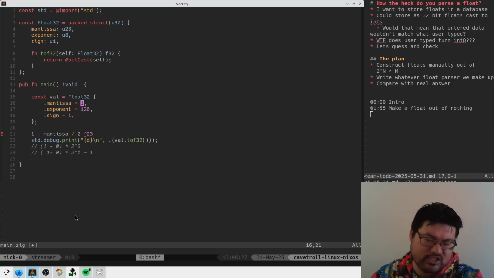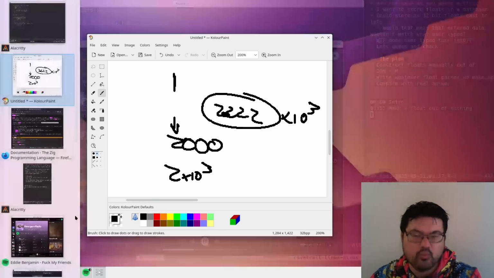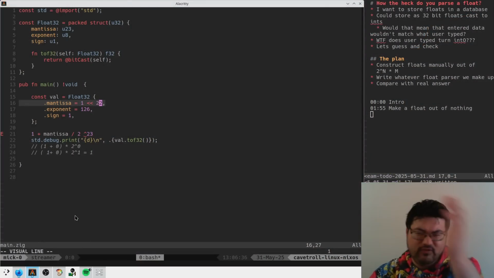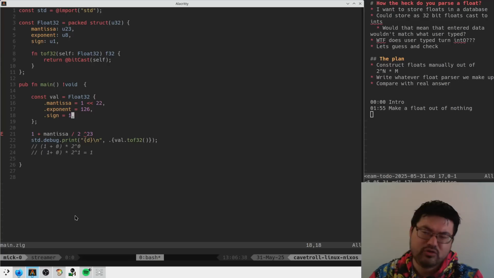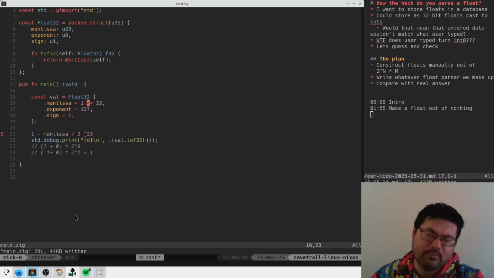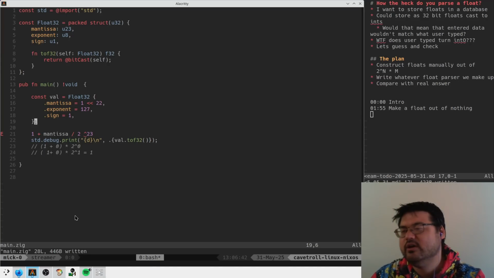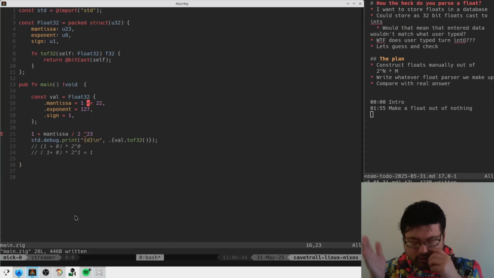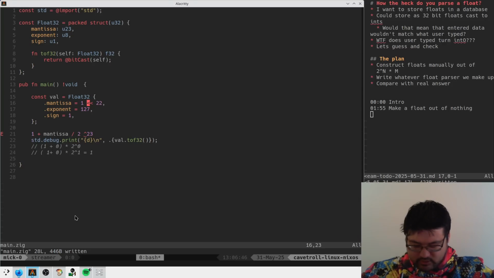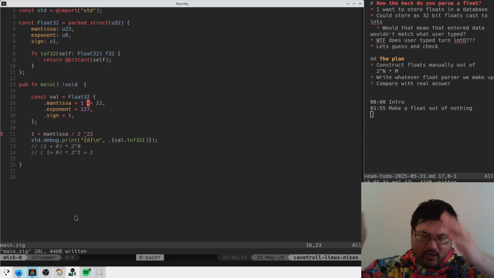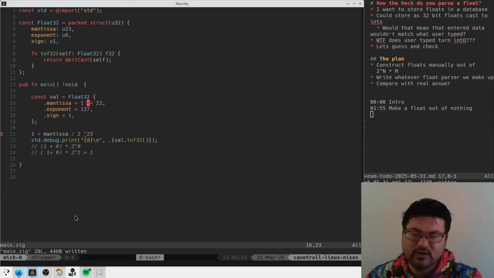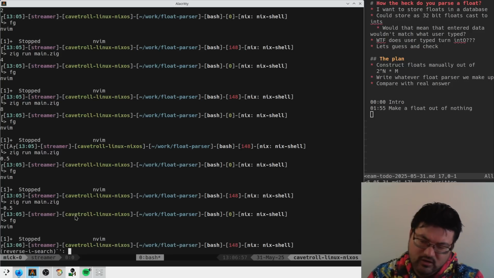So 1 is the very smallest thing we could put in there. If we did 1 shifted left by 22, the 1 goes in the leftmost digit that it can fit in. So this is like 1.5, I think, because you're putting a 1 in something base 2, so it can only go in half steps. So we have 1 plus 1/2, and this should be 1.5, if I understand this correctly.